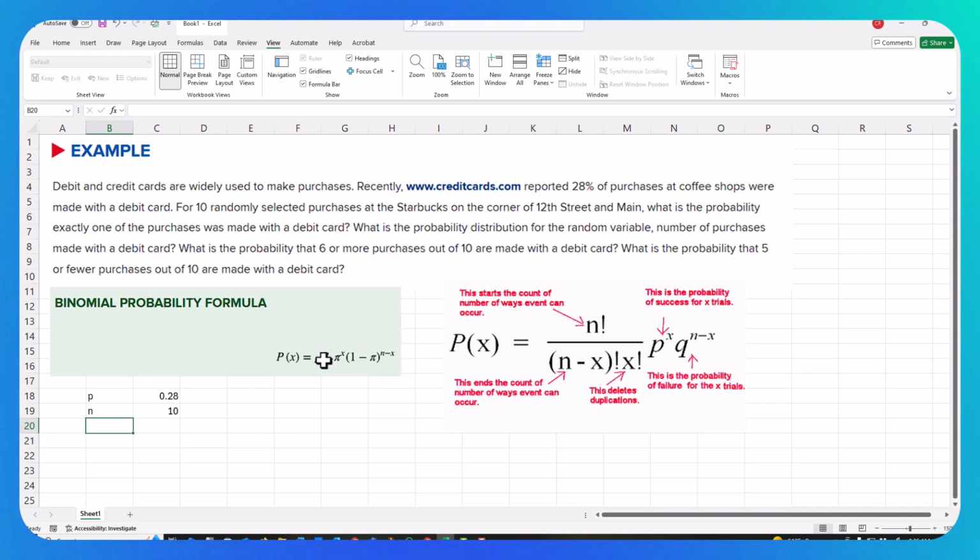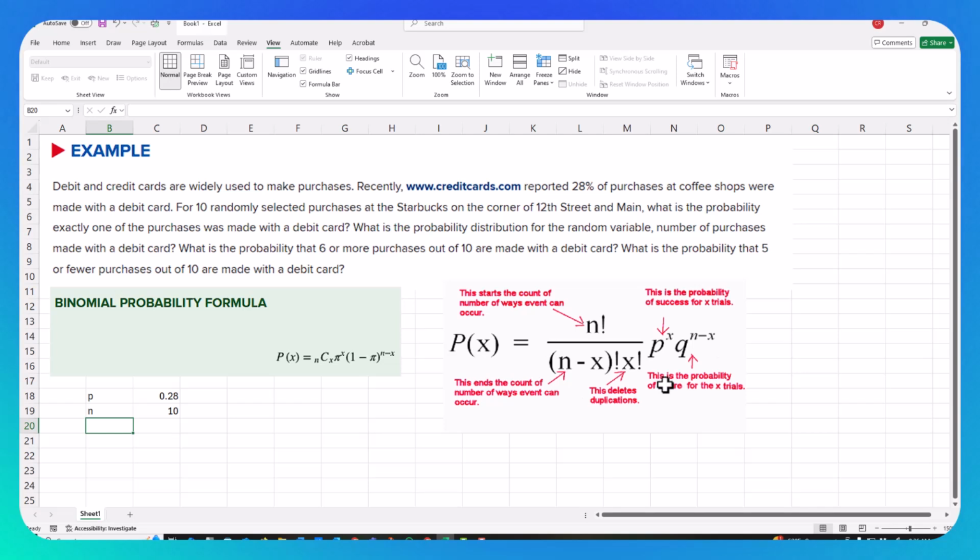So this is a lot of times how the formula is written, with this first C being the combinations, the number of ways that this can occur. They use pi for probability of success, X for the number of successes, and then 1 minus pi would be the probability of failure, and n minus x the number of failures.